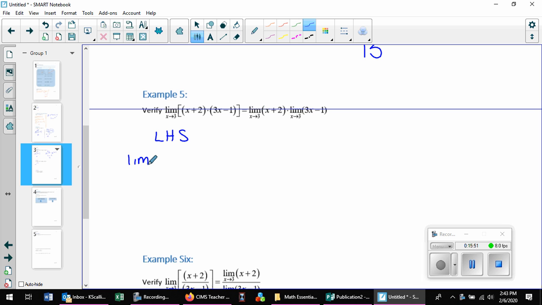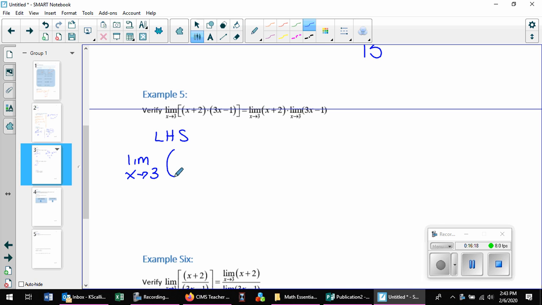Do you guys think that it would be easier for this one to do direct substitution in and then multiply? My gut instinct was to just go and multiply. Is that what you did? No, so this would be 3x squared minus x plus 6x. I think direct substitution would be easier.